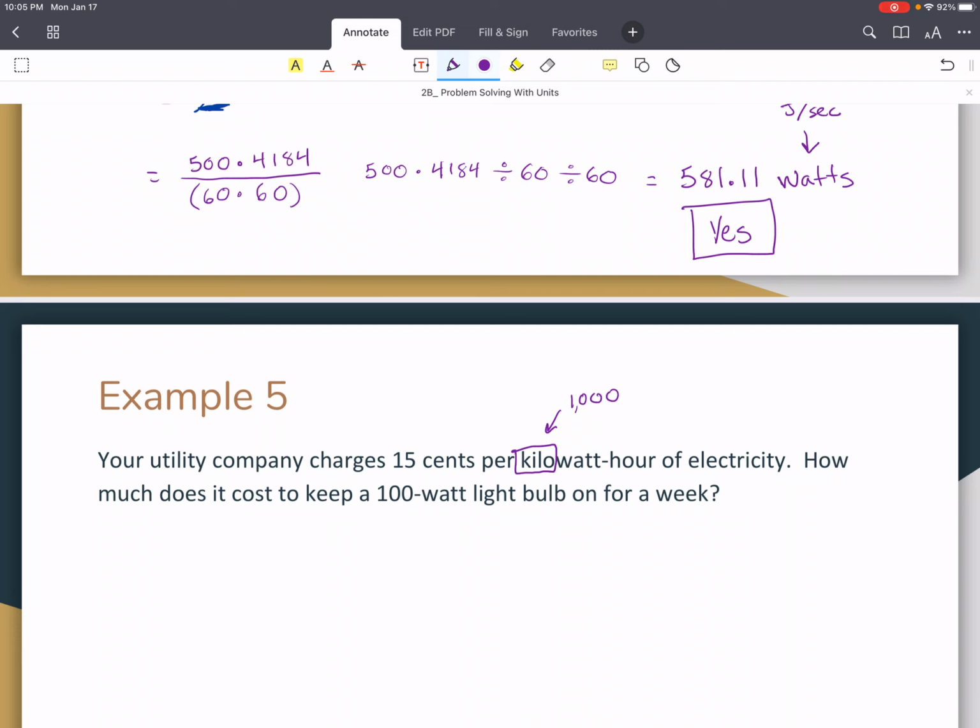Okay. Per kilowatt. I'm going to start with this. 1 kilowatt is 1,000 watts. So those cancel, and that's going to get me how much it costs per watt.